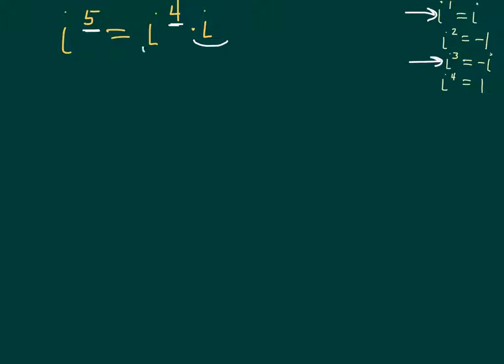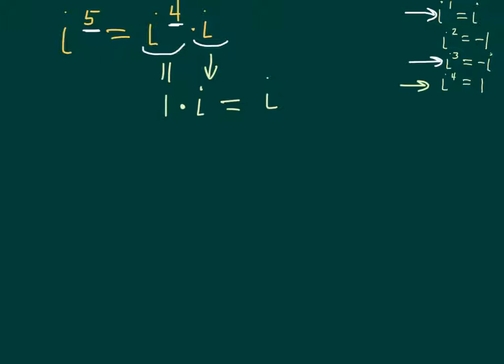Now I know i to the 4th has a value with a 1 in it because all of the even numbered exponents have 1s in them. So i to the 4th, we saw over here, is equal to 1. So this equals 1 times the i that we pulled out, which equals simply i.